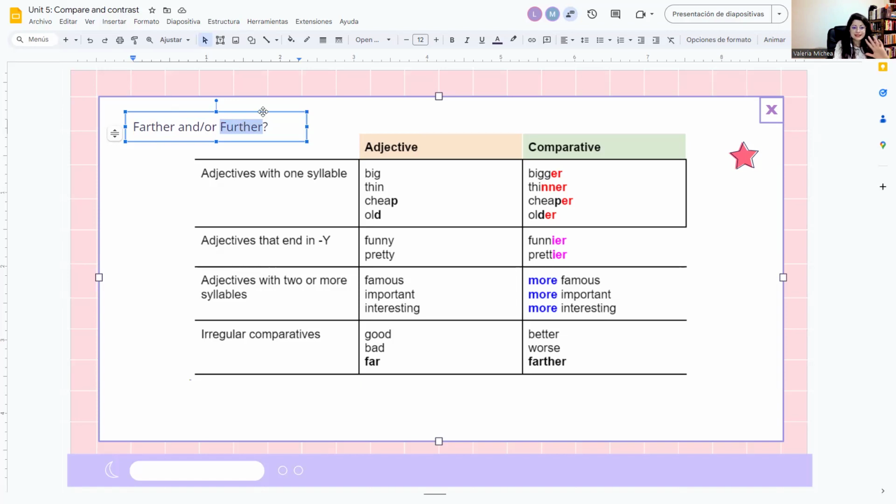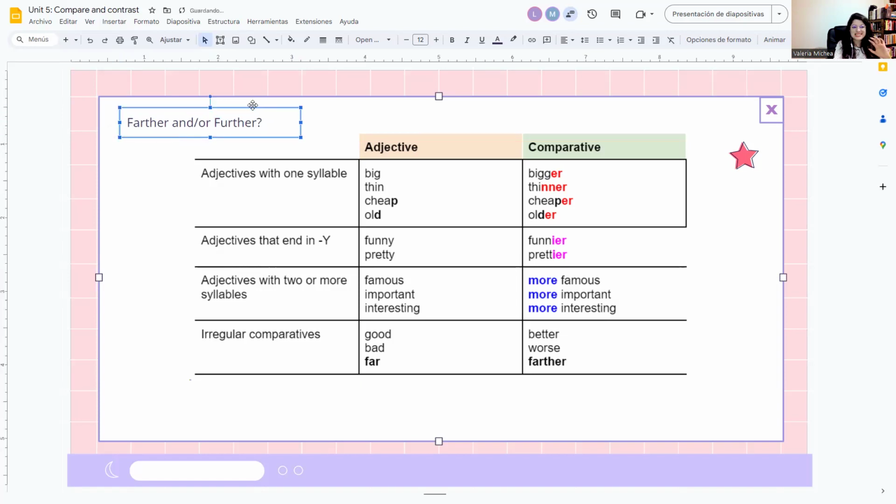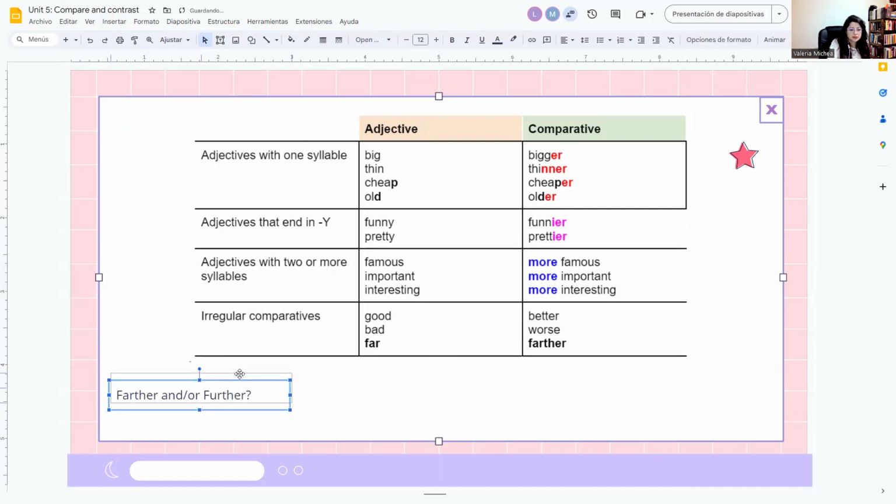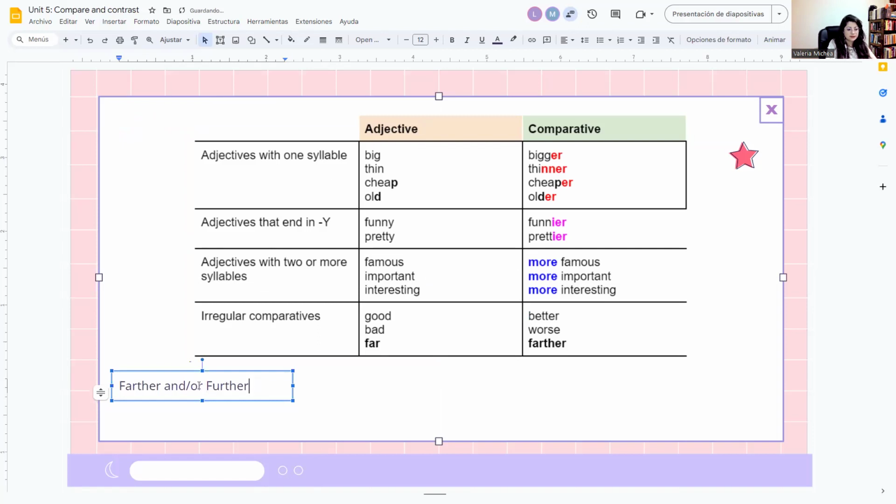It's just a matter of using them, because they both refer to the distance between one thing and another. Let me give you 2 examples. Maybe with examples this is going to be easier.